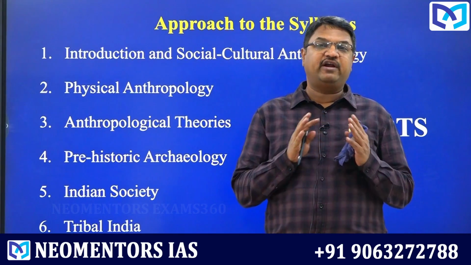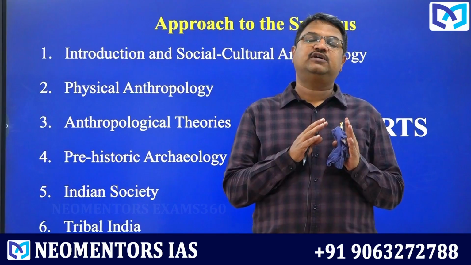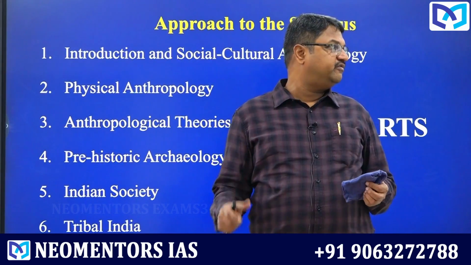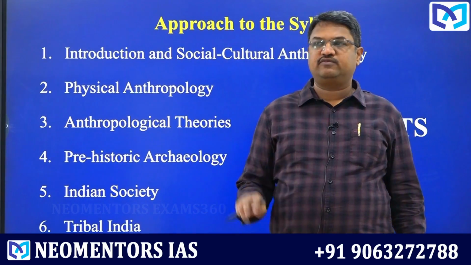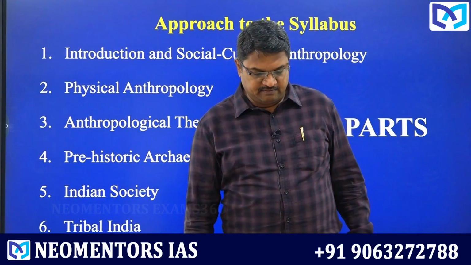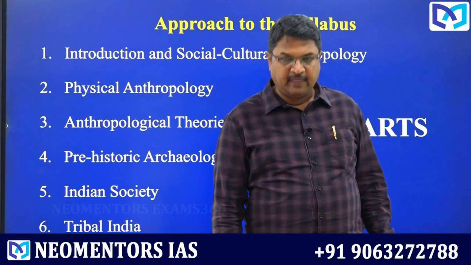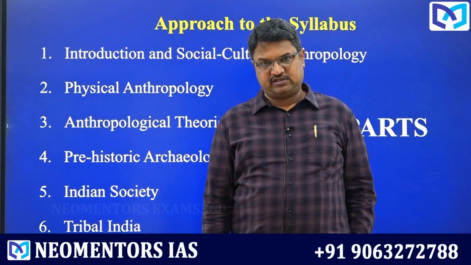When we divide it into easy parts, that also resonates with the idea of the optional subject being divided into so many parts, because traditionally also the early pioneers of anthropology divided the subject matter into 4 parts.